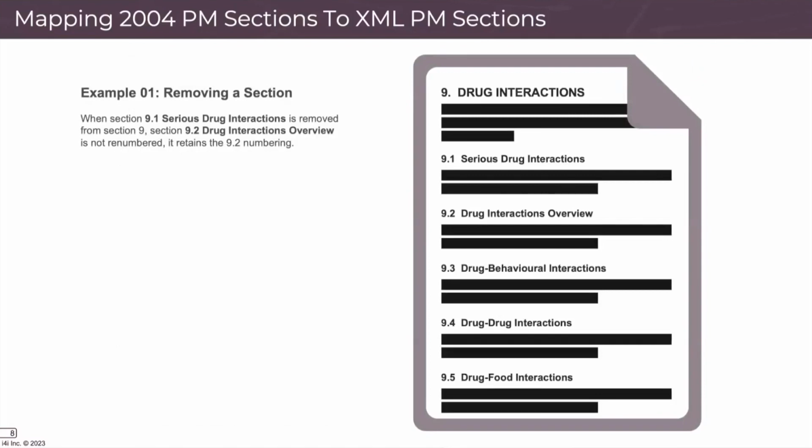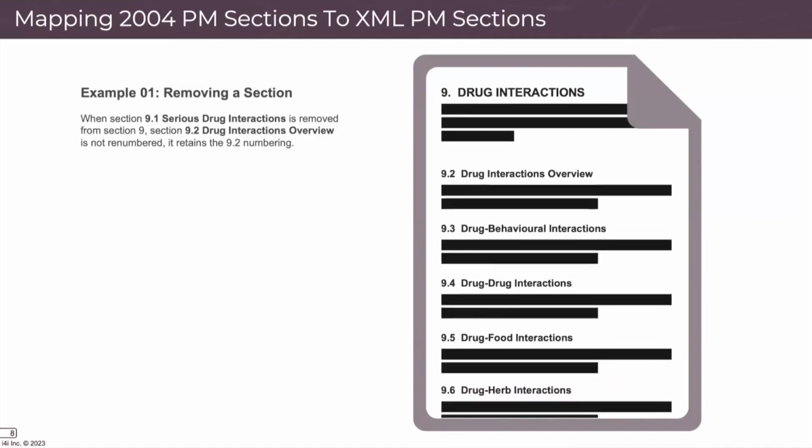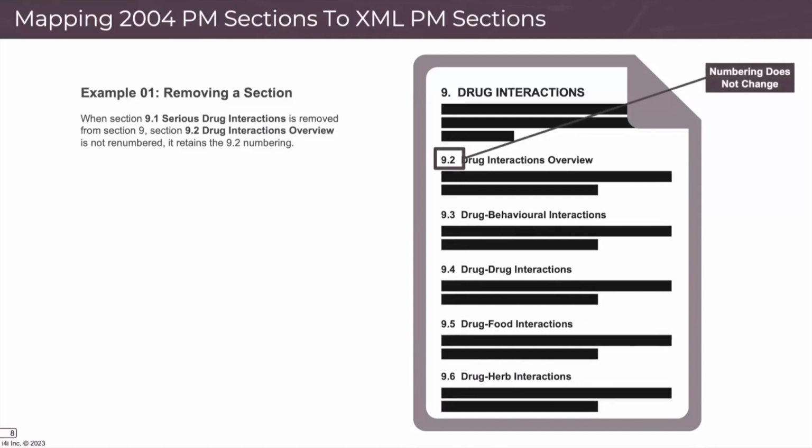So the guidance indicates that if there are no serious drug interactions, Section 9.1 should be omitted. In this case, Section 9.2, Drug Interactions Overview, would remain as 9.2 even though it comes directly after Section 9.